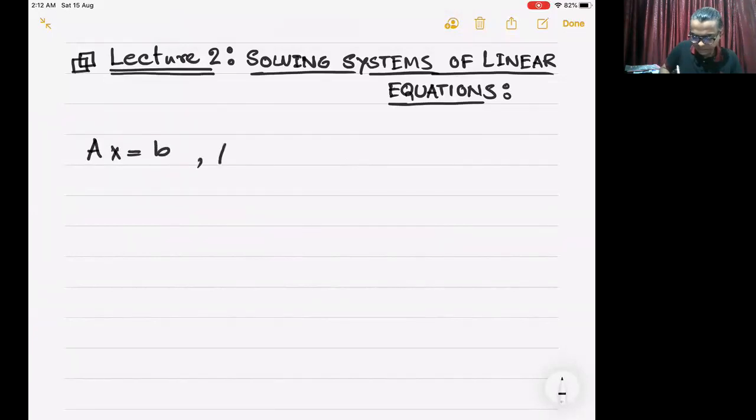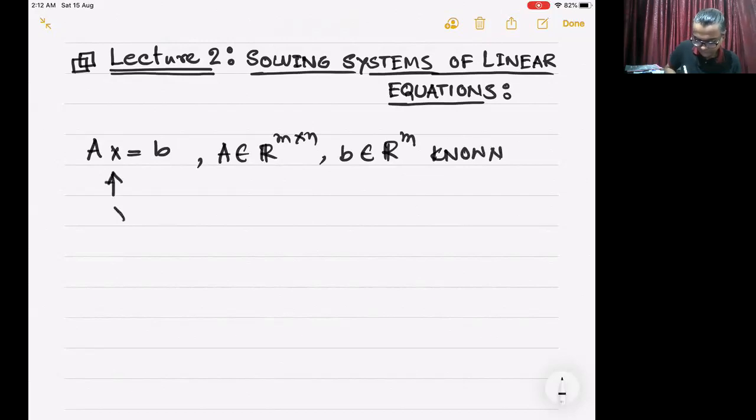As I've said, A is a real matrix of size M cross N. B is a vector of size M, so these are known. We have to find out this unknown vector X, which we want to be in Rn, but we don't know what X is. How do we do that? How do we solve this?